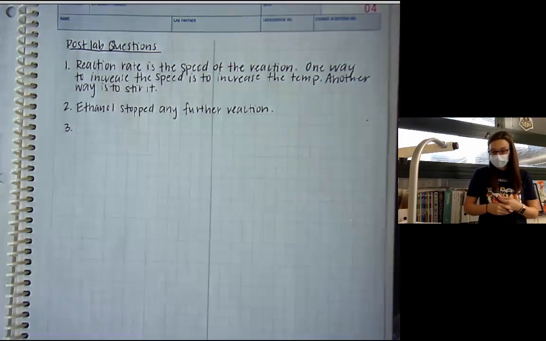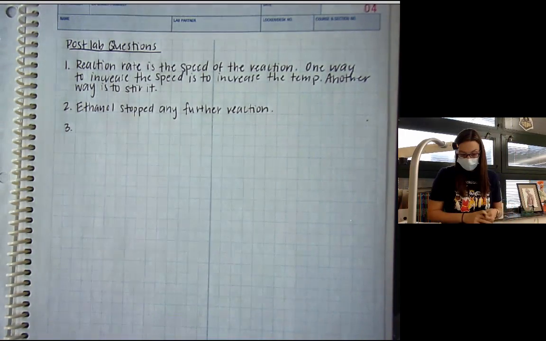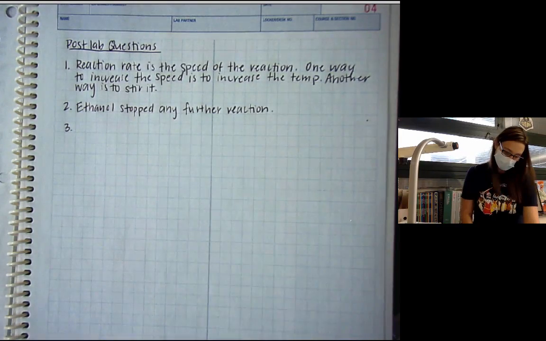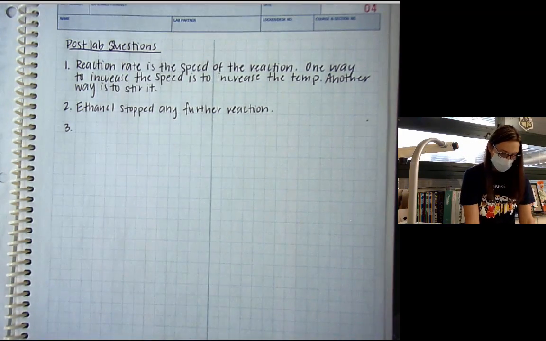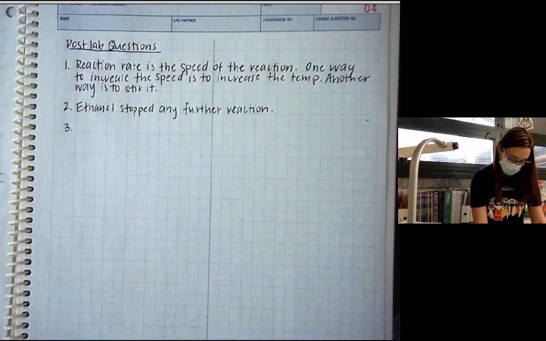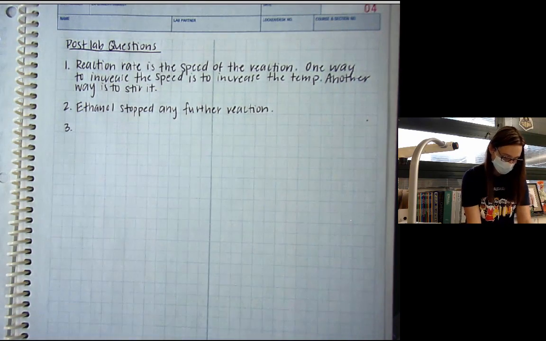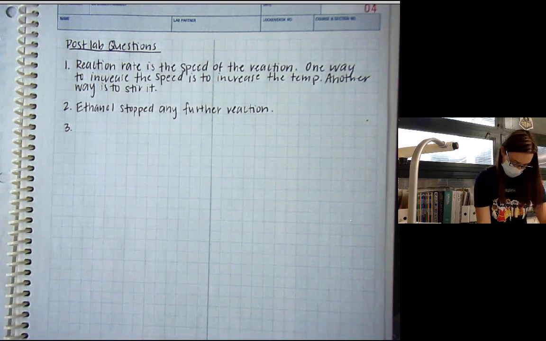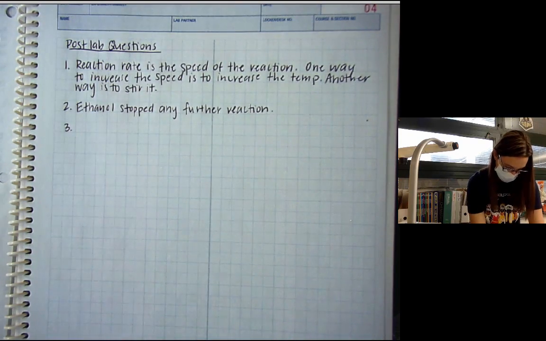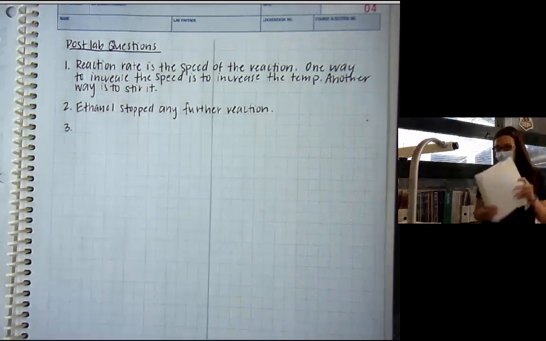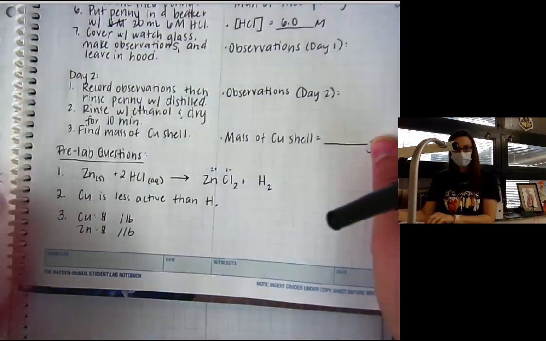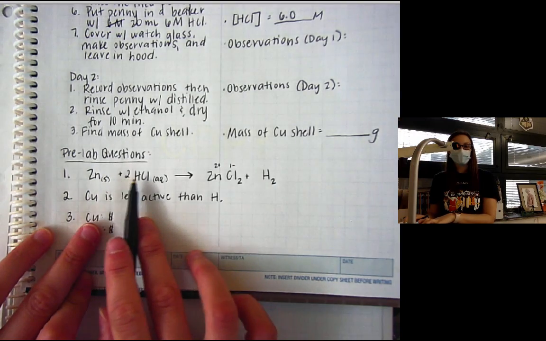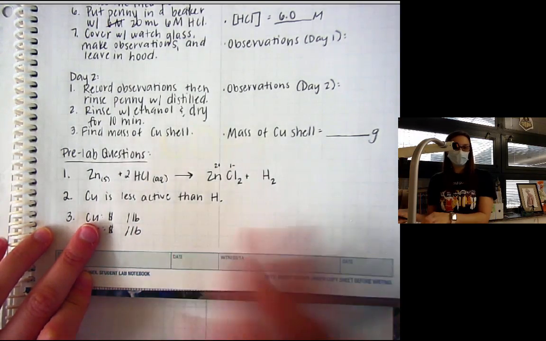And then finally, post-lab question number 3. Write the net ionic equation for the reaction between zinc and hydrochloric acid. So if we look at our pre-lab questions, and what I'll do is I'll put the pre-lab questions up here because we have a different lab notebook. So here was the reaction that we wrote in the pre-lab.